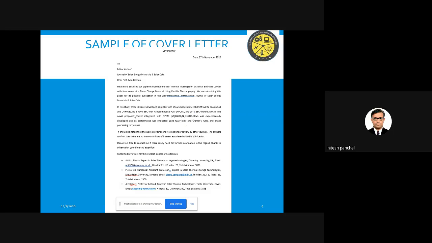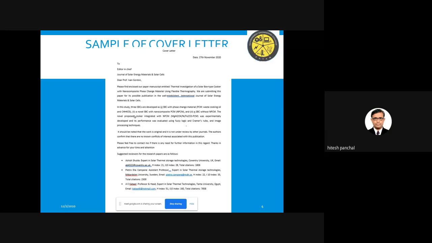But Elsevier journals and many good journals like Springer and Taylor and Francis always ask for suggested reviewers. So whenever you put the name of suggested reviewers, the name should never contain Doctor. Please understand, generally the reviewers have doctorate degrees. So you cannot write Dr. Ashish Shukla.